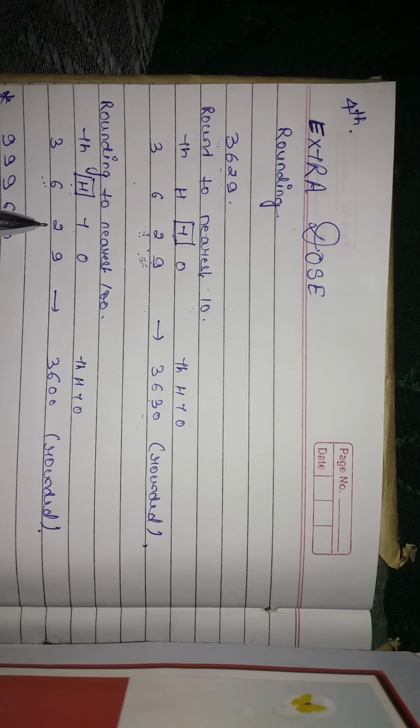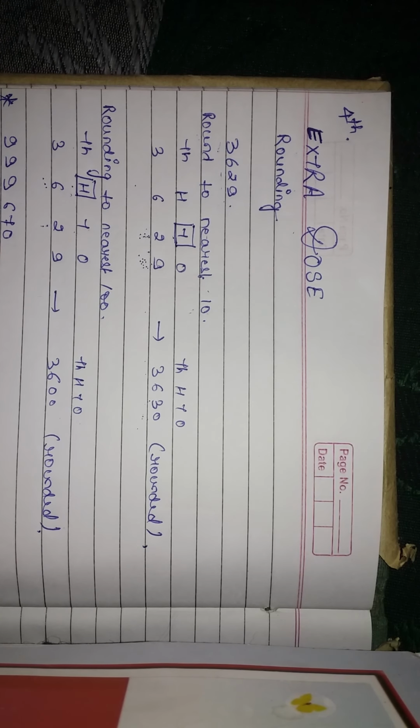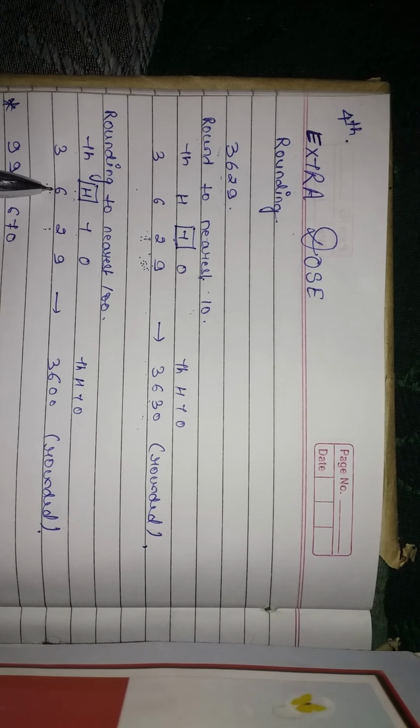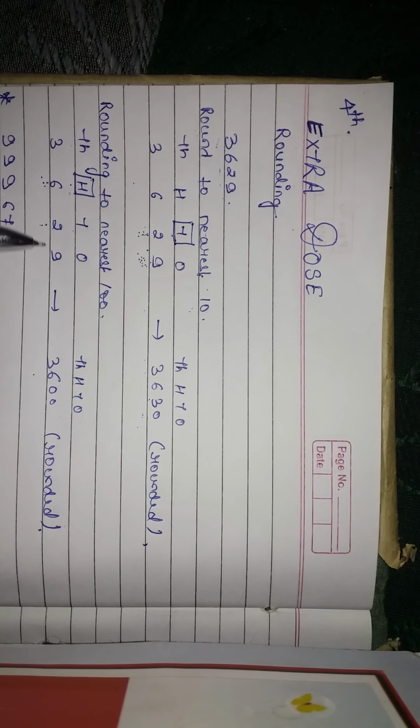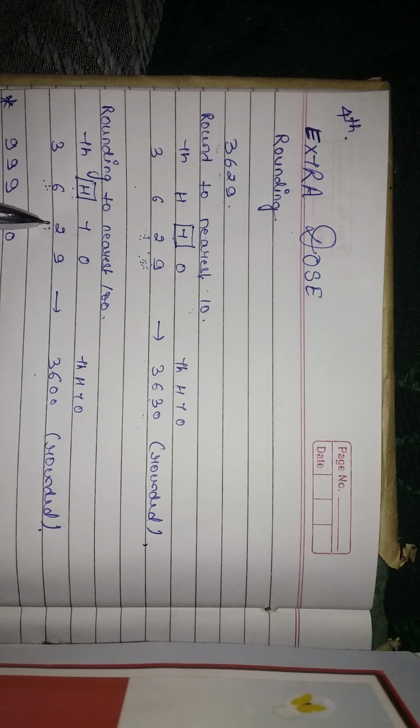Therefore, all the digits which are on the right hand side of the rounding place will be converted to your 0, while the rounding digit will remain as it is because the digit right to it is less than 5.